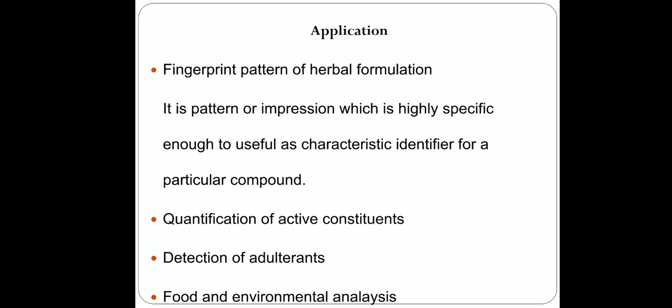So the main application is fingerprint analysis, for the unique characterization of a particular compound. Next, quantitative analysis for measuring how much of a particular chemical constituent is present in the whole sample. Then detection of adulterants, and fourth, this technique can be used for food and environmental analysis.